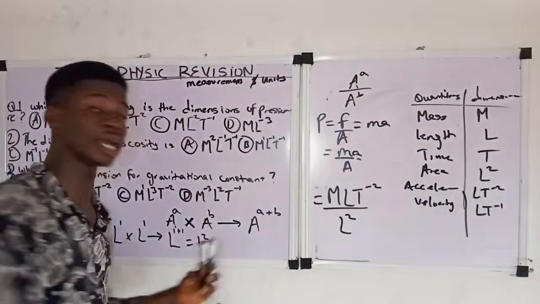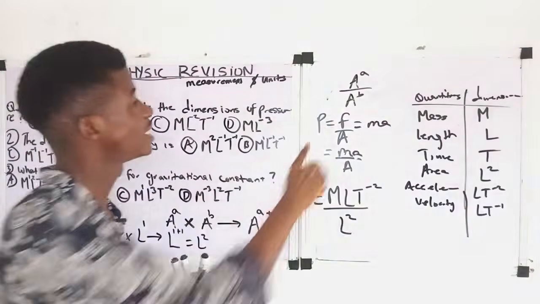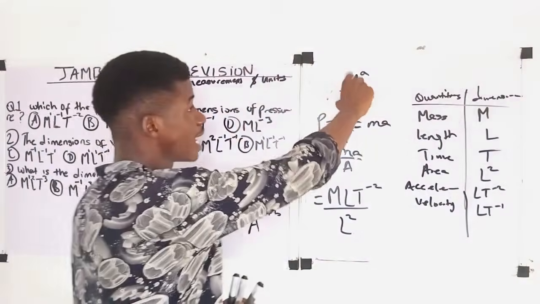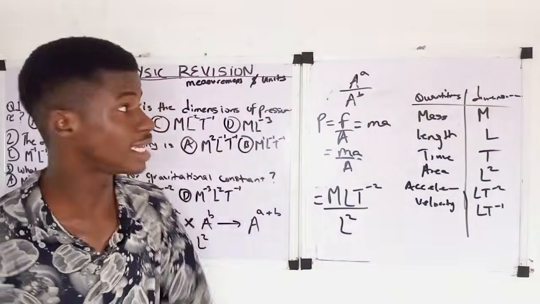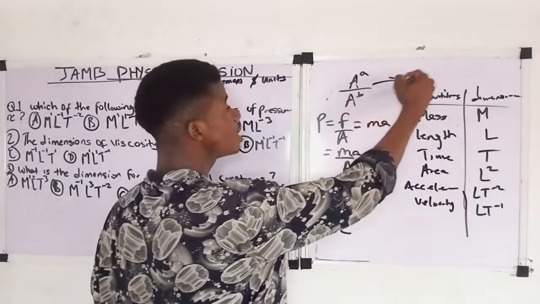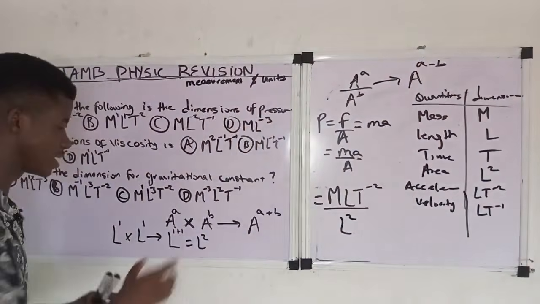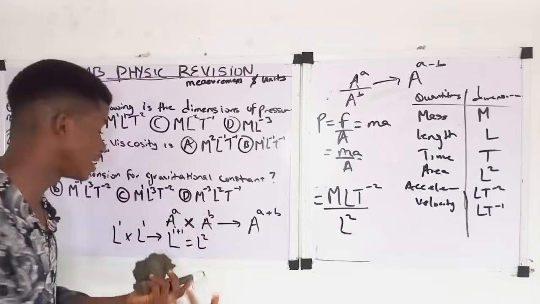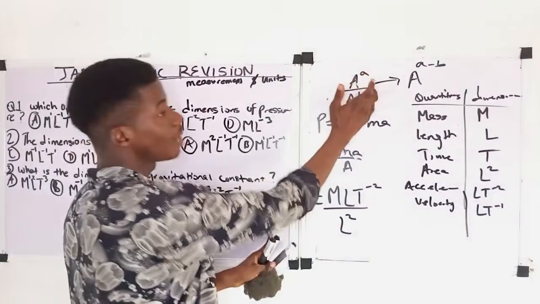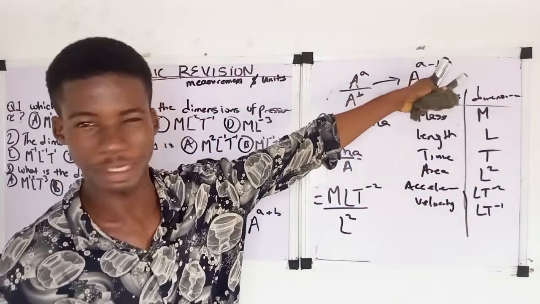The very first one was when they are multiplying each other: we take one of the base, and we add their powers. Now, when they are dividing each other, we take one of the base, and we subtract their powers, right?